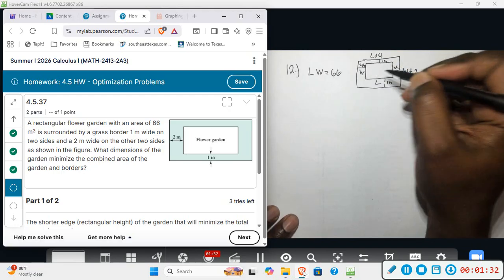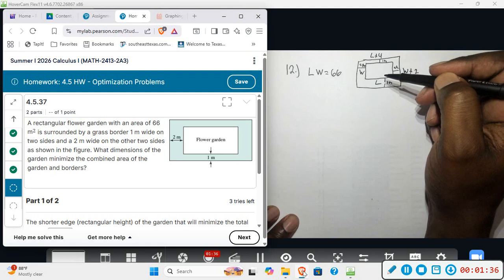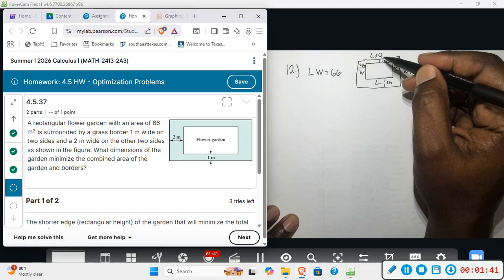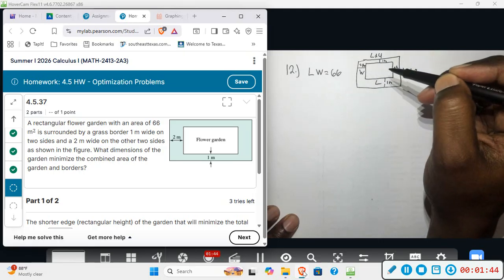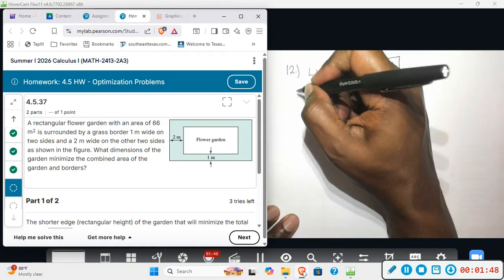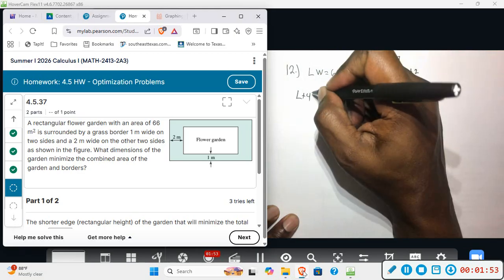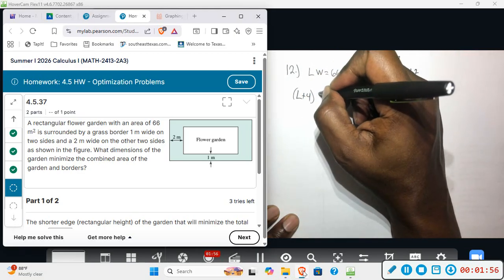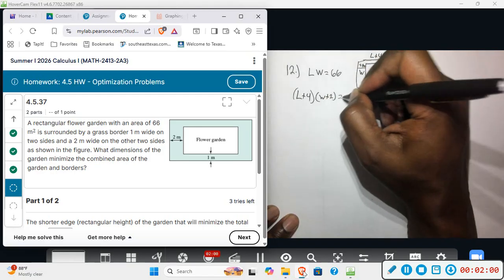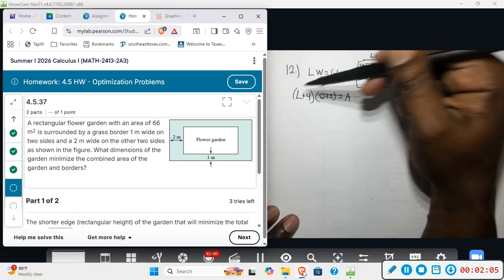All right, so we also have this relationship, and we want to find the area of the outside, which will be L plus 4 times W plus 2, and that will equal some area. We want to minimize this function.